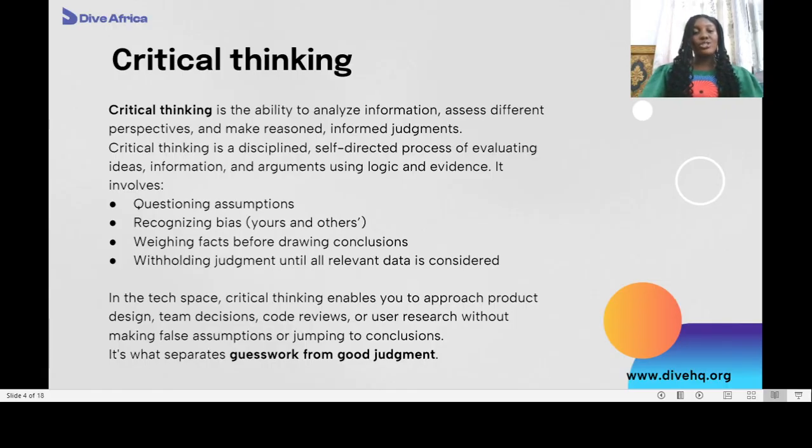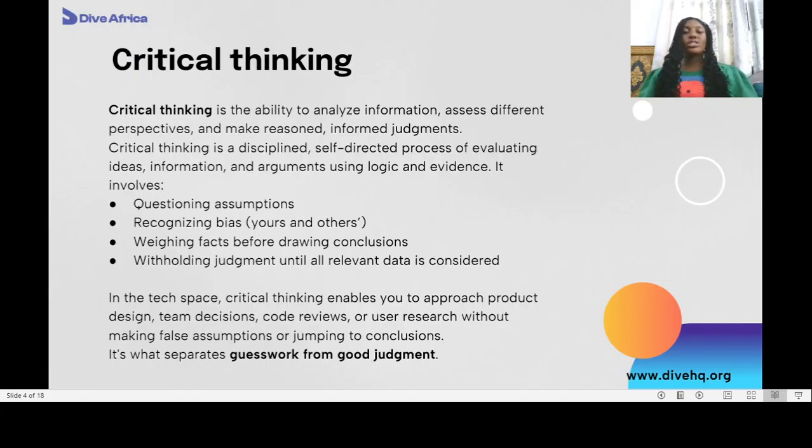It involves questioning assumptions, recognizing bias, whether it is yours or others', weighing facts before drawing conclusions, and withholding judgment until all relevant data is considered. So critical thinking is the ability to think clearly, deeply and carefully about a situation before making a decision.